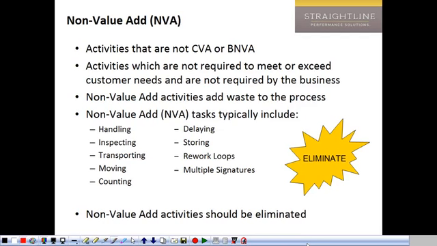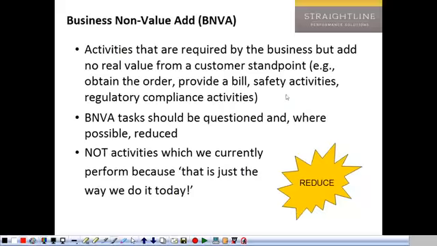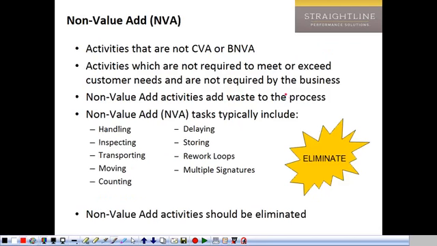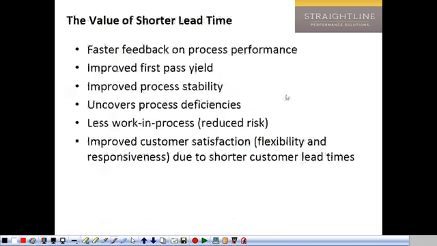All of those things add to non-value added time. Okay? These things should be eliminated. So the idea is to optimize value add, reduce non-value add, business required non-value add, and eliminate non-value add.